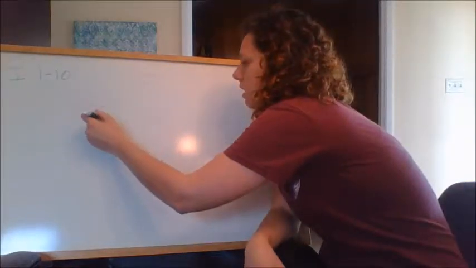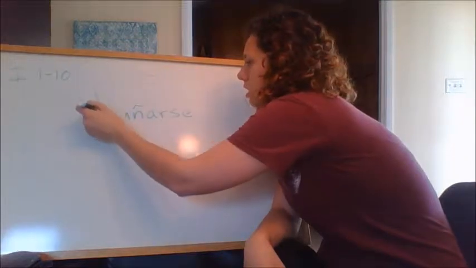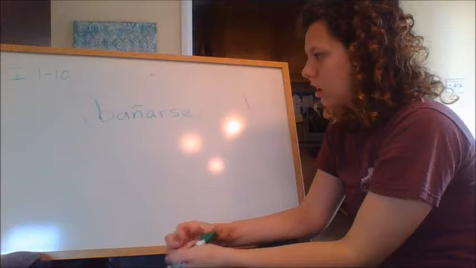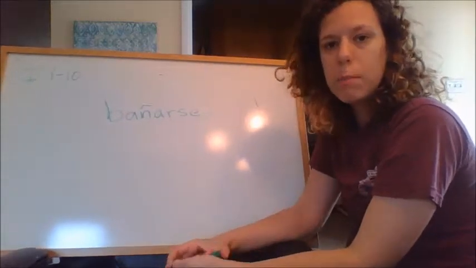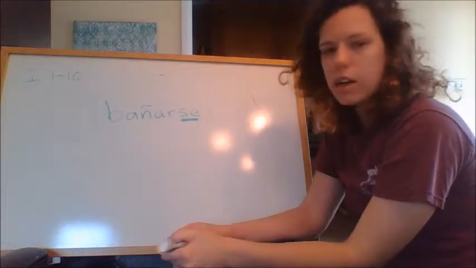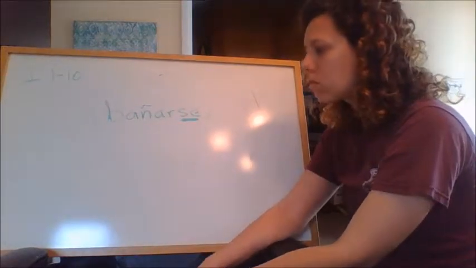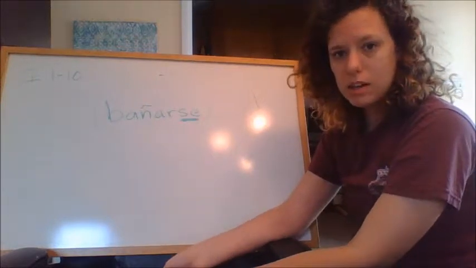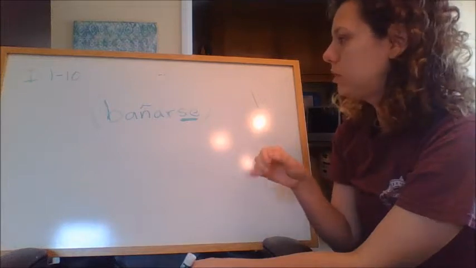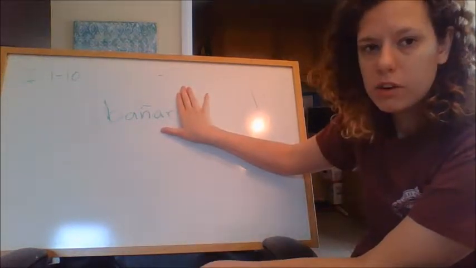So if you had something like this, this is just basically the verb bañar. This right here, all this does is tell you that it's reflexive, okay? So if you're like me and you need step-by-step stuff, what I would do is step 1, pretend like the se is not on the verb.